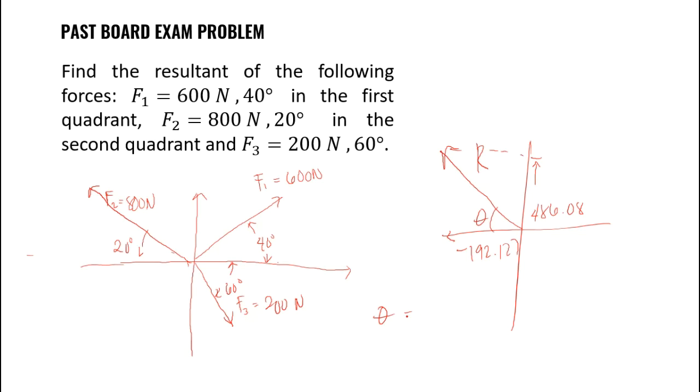So, arctan. So, we have here opposite. Opposite natin is itong y. So, this is 486.08. So, i-disregard muna natin guys yung kanyang sign convention. So, we have here 192.127.